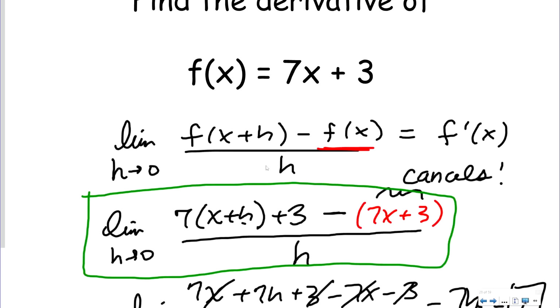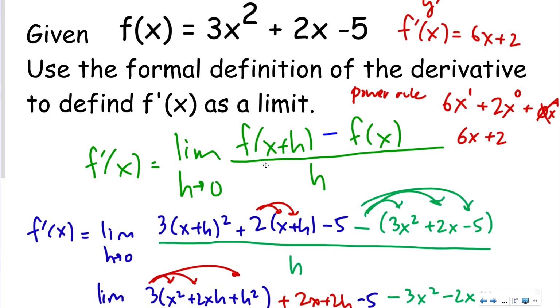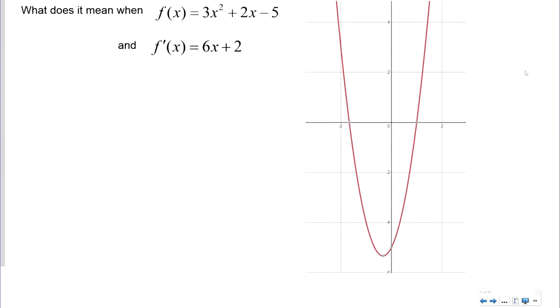Okay. So I wanted to explain, what does it mean to say that this derivative is 6x plus 2? See if I have a picture here. Yeah, this means that if I graphed this f of x, which is 3x squared plus 2x minus 5, and I went to any point on this graph, let me pick this point right here, the derivative at this point is 6x plus 2, meaning this point is at x equals negative 2, so plug in negative 2.